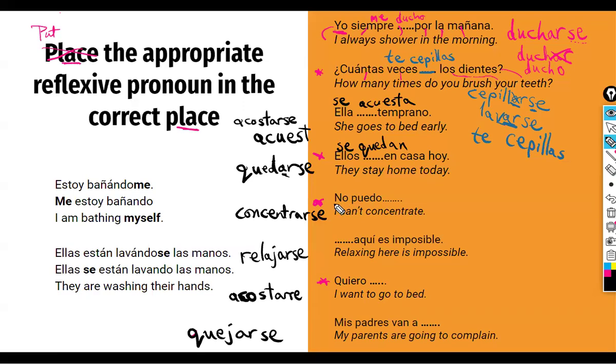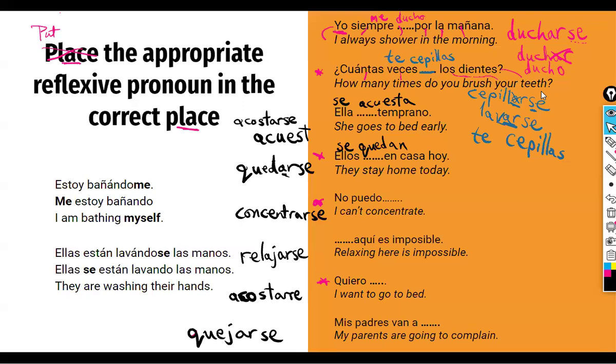Okay, this one is a little bit trickier, no puedo. I want you all to tell me what is the answer for this. How do we complete this sentence with no puedo? No puedo means, okay, so I can't concentrate, right? But if I write this a slightly different way so we could see a pattern, I am unable to concentrate. All right, so I need you all to see that we have two verbs. One verb is to be able to, and the other verb is to concentrate.